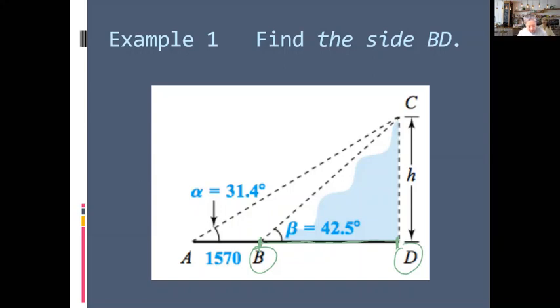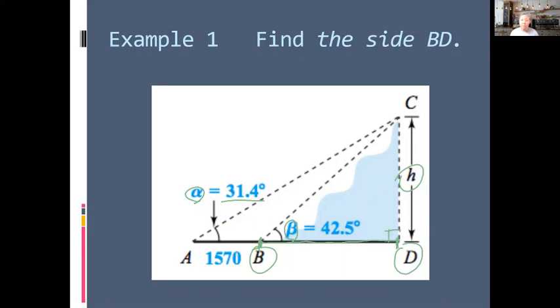Then we are given some information scattered all over this diagram. The angle alpha measures 31.4 and the angle beta measures 42.5. And here it says height. If that's the height, then it tells us further that the angle created with the side is 90.